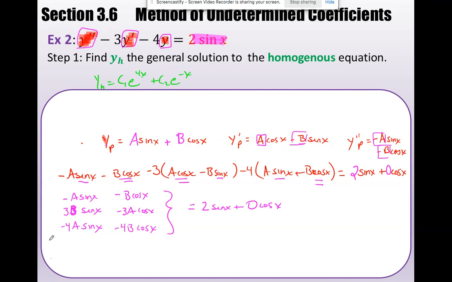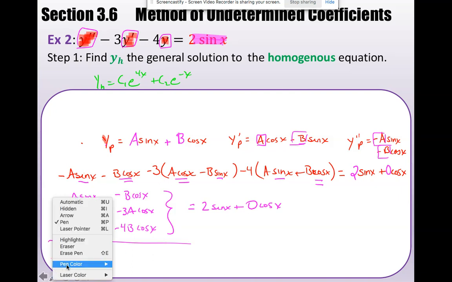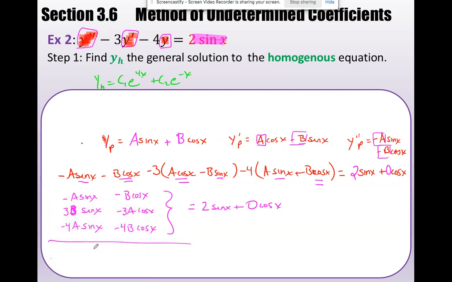Well, what do I have here? Look at your sine x. What are the coefficients on sine x? I have a negative a and a negative 4a, so that's negative 5a plus 3b, the coefficients in front of sine x.